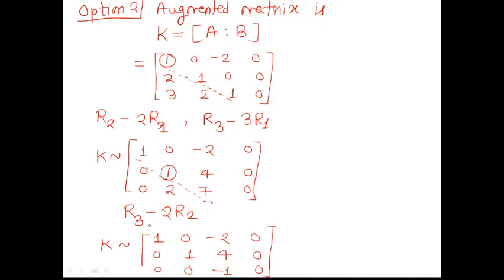If it has a unique solution, meaning rank of A equals rank of K, and that is equal to the number of unknowns, then the system is linearly independent because it gives you the zero solution. Whereas if rank of A is equal to rank of K but less than the number of variables, then the given set of vectors is always linearly dependent.